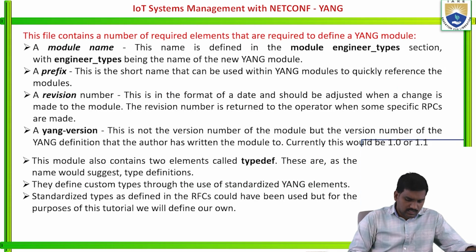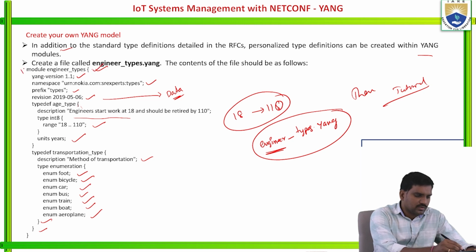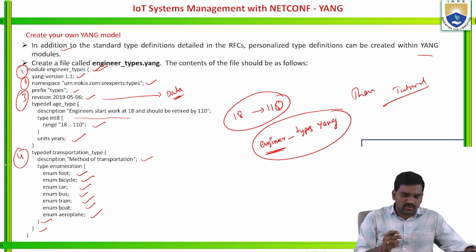Next, what does the file contain? First the module name, then the YANG version, then the namespace, the prefix, and the mode of transport. These are some of the data types we are using here.